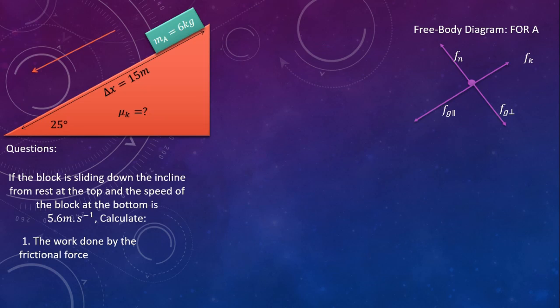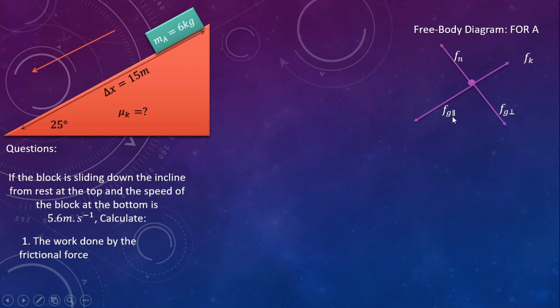The reason why we are using the work done by a non-conservative force is that when we look at our free body diagram, the two forces that contribute to the object's change in its kinetic energy, or the changes in these energies, are the parallel component of gravity and the frictional force.